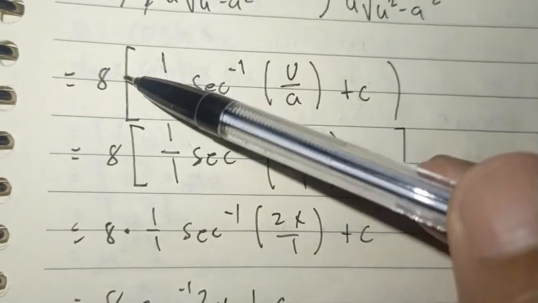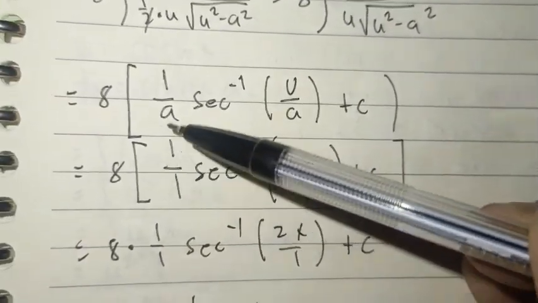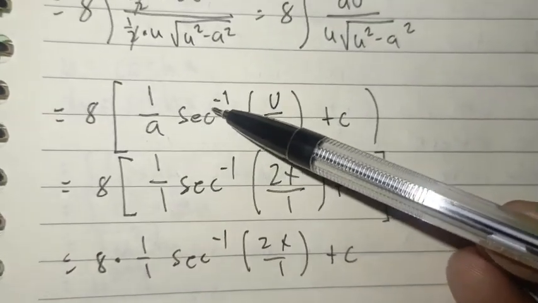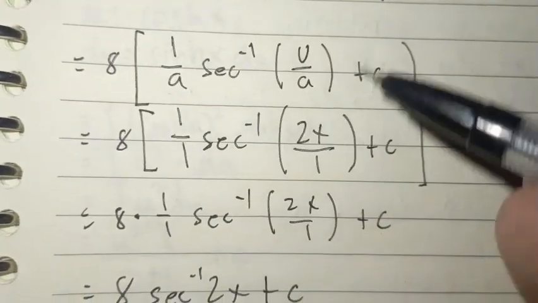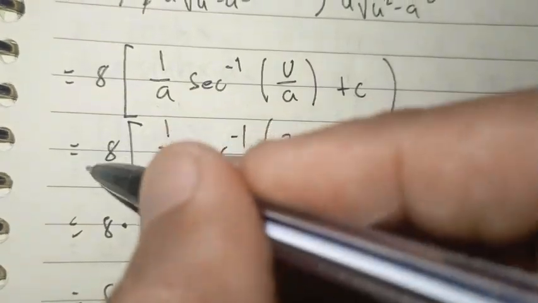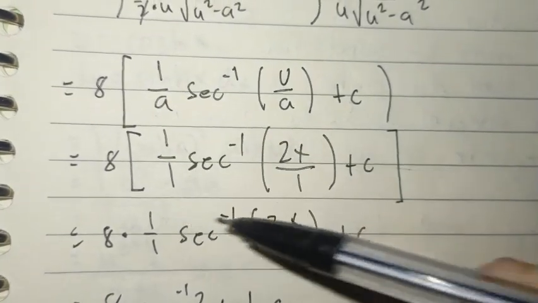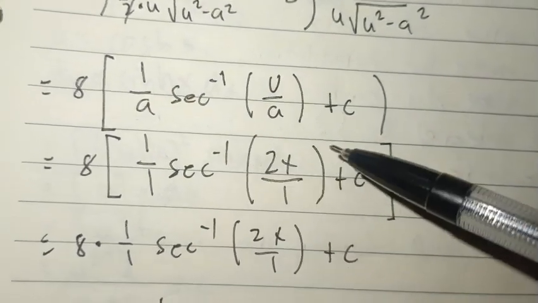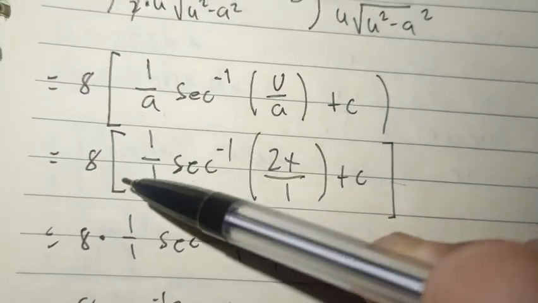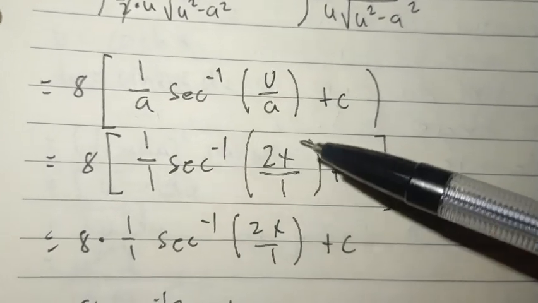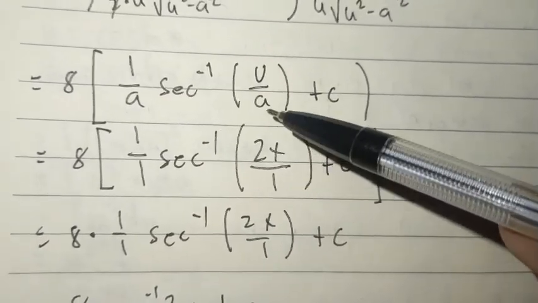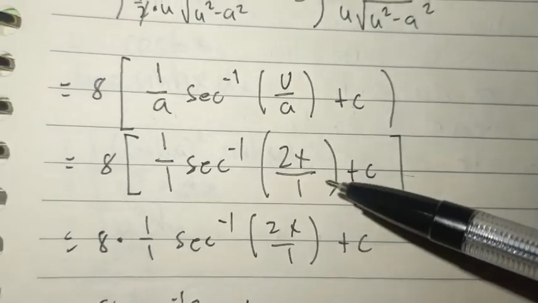Now we have 8 multiplied by 1 over a secant inverse of u over a plus c. Next we're going to substitute our original values, which is 1 over a, where a is 1, secant raised to negative 1, our u is 2x, and our a is 1, plus c.